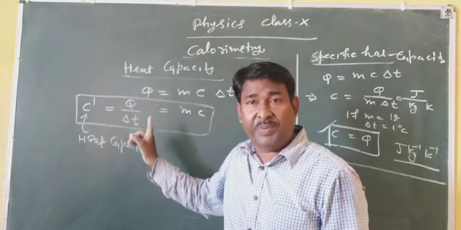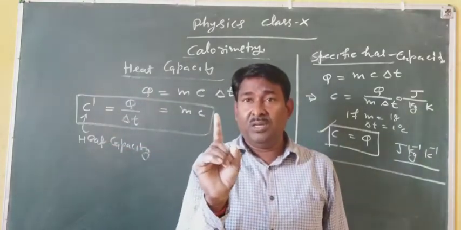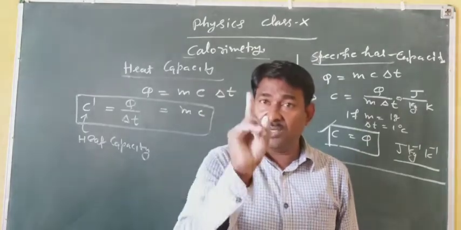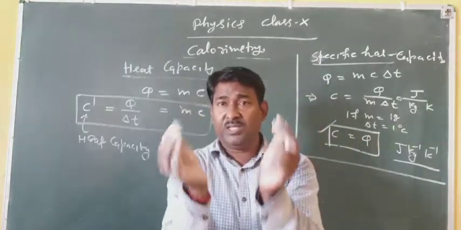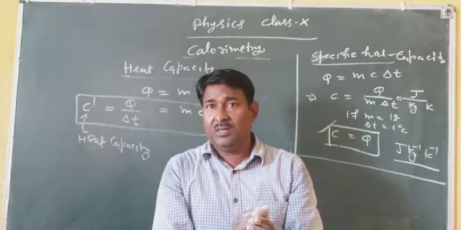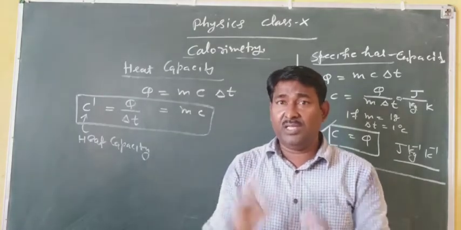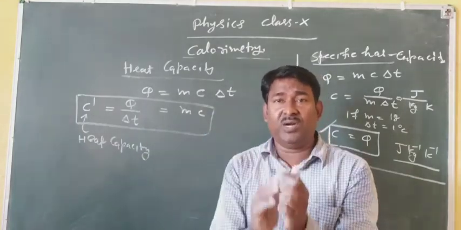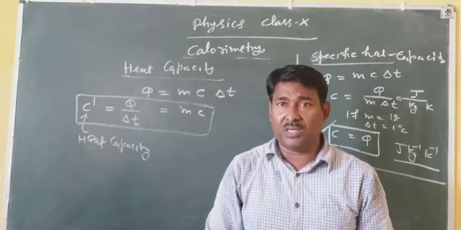Here in heat capacity, the heat required to increase the temperature of the whole substance, not of unit mass. Keep in mind, the basic difference is that in specific heat, the heat required for unit mass to increase its temperature by 1 degree centigrade. In heat capacity, the heat required to increase the temperature of the whole substance by 1 degree centigrade.